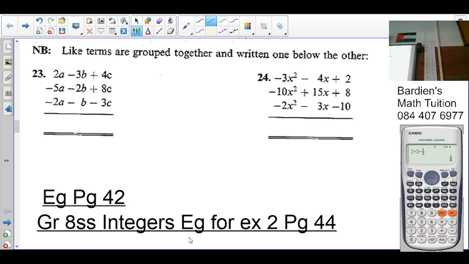Negative 3a minus 2a? Negative 5a. Negative 3b minus 2b? Negative 5b minus b? Negative 6b. Right. 4c plus 8c? 12c minus 3c. Nice. You guys understand? Any confusion?